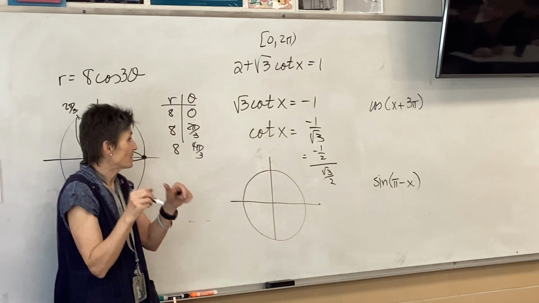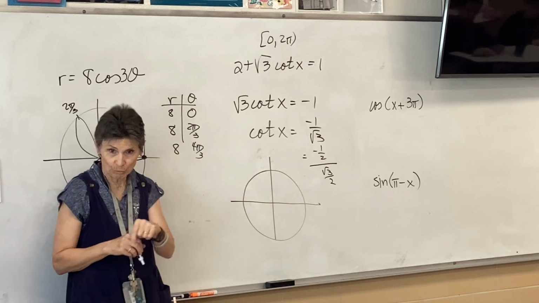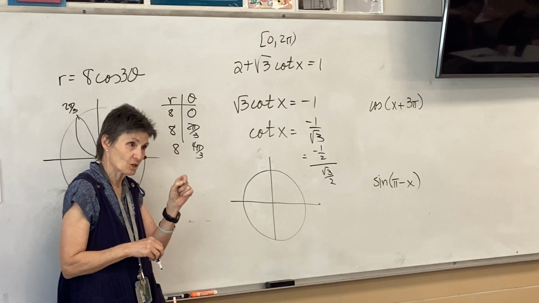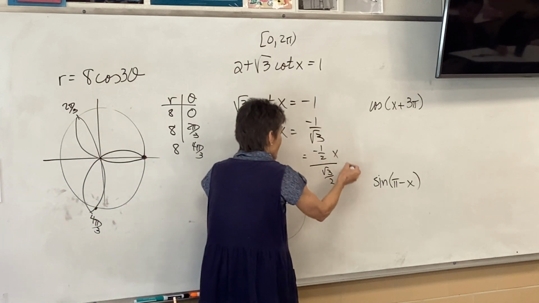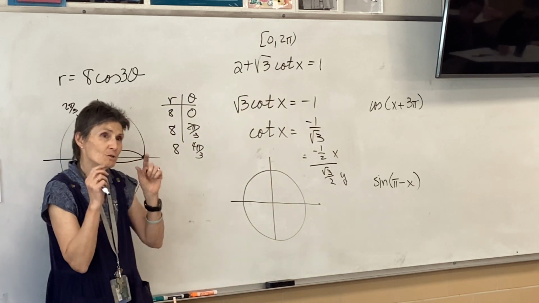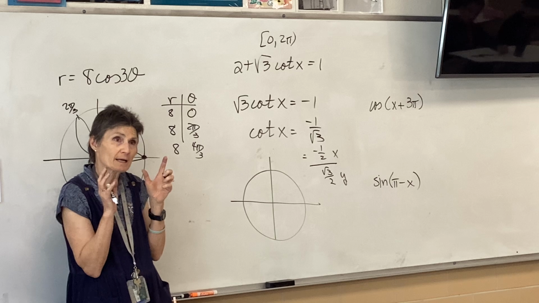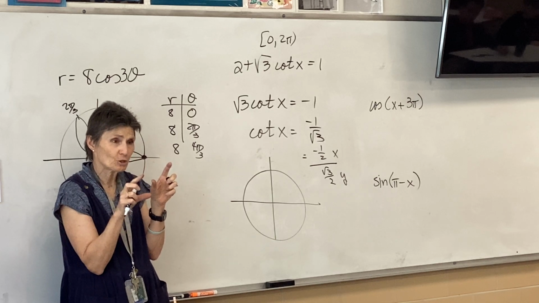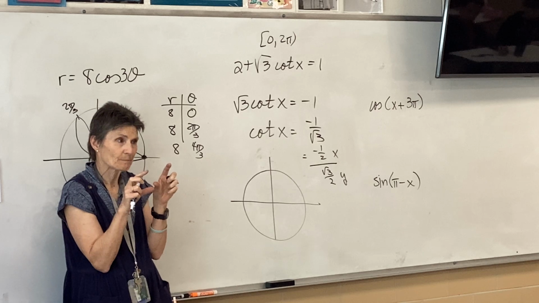That my coordinates are going to be 1/2 and root 3 over 2. And since it's cotangent, it's x over y. So I'm thinking on my unit circle, forget the negative for a second, where is x 1/2 and y root 3 over 2? What kind of angle is that?